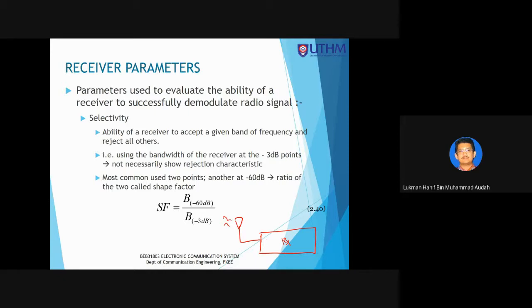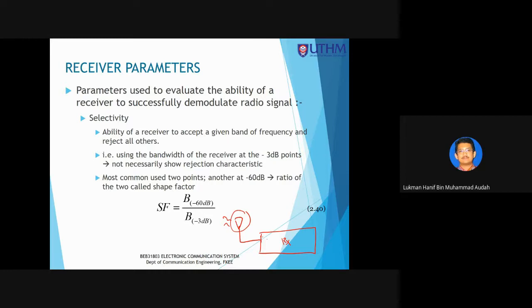Okay, so when you tune to one frequency, it means your receiver will open a small window of bandwidth where we want only that portion to go through the receiver, and we want to remove the others. Because the antenna sucks in everything, many different frequencies, depending on the bandwidth. It means the antenna bandwidth is larger, so it can absorb a lot of signals, many signals. So we only want a certain portion of bandwidth.